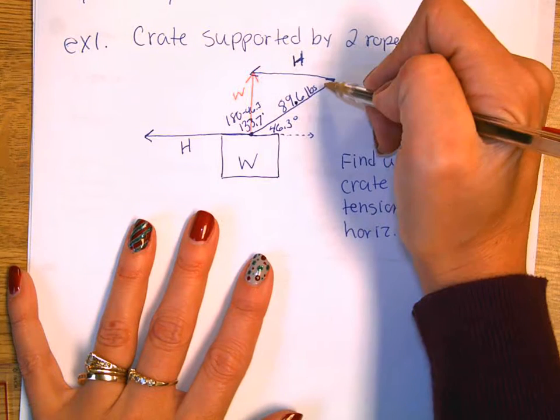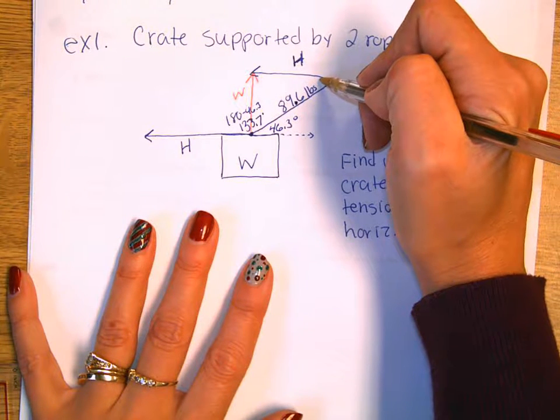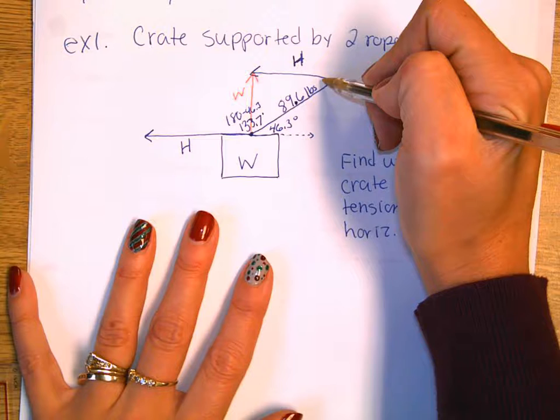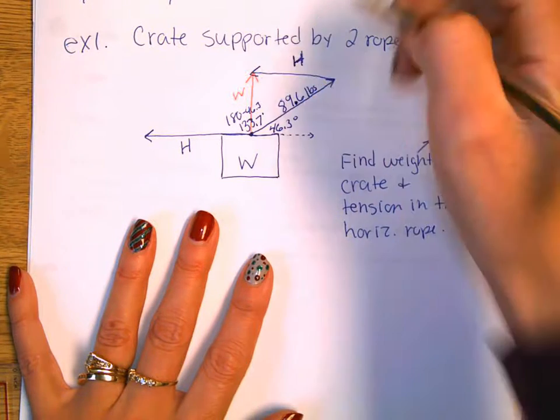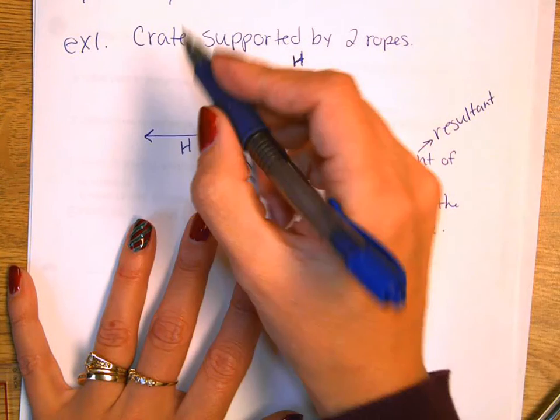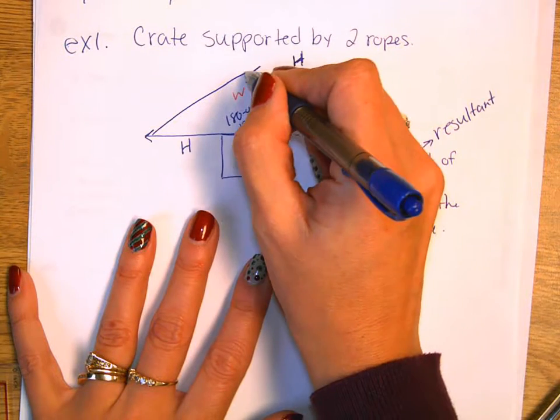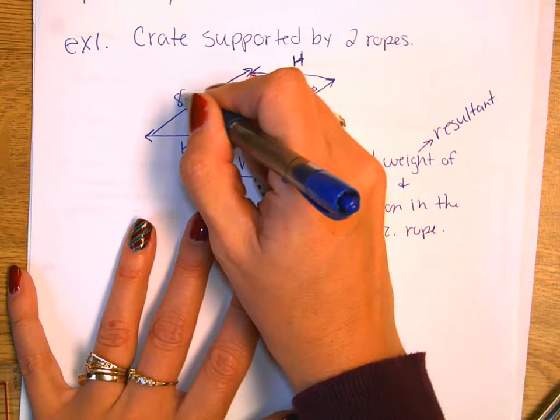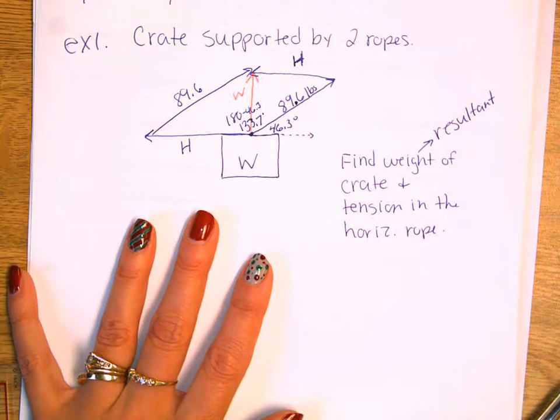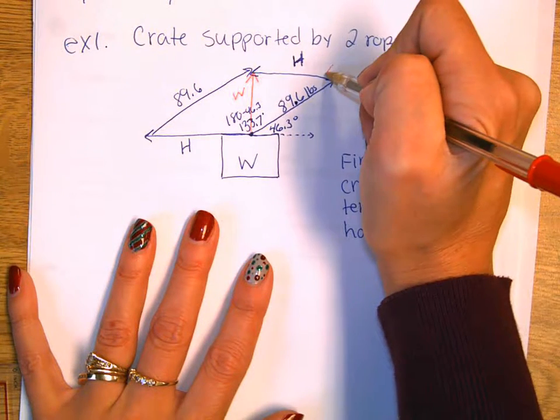Okay, how do I get this angle back over here? 2 ways to get it. It's 90 minus 46.3. No, it is 46. Okay, I know. This one would be 46.3.